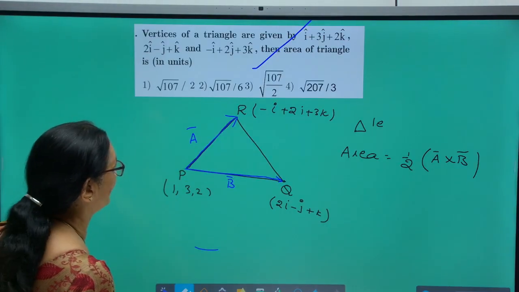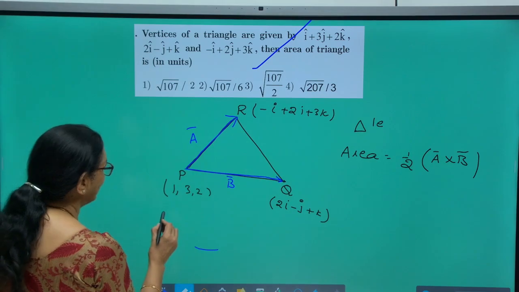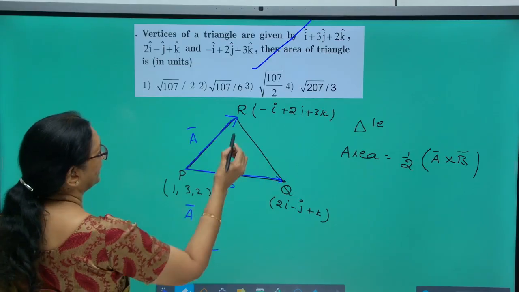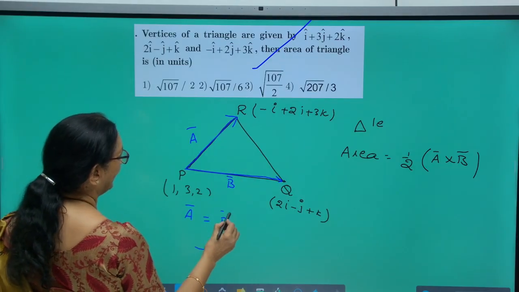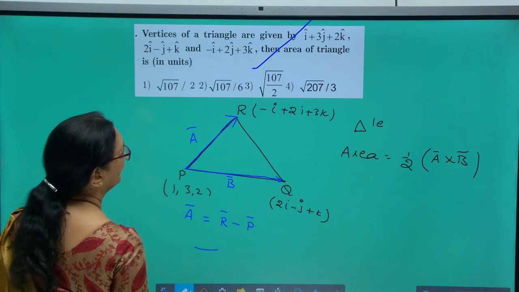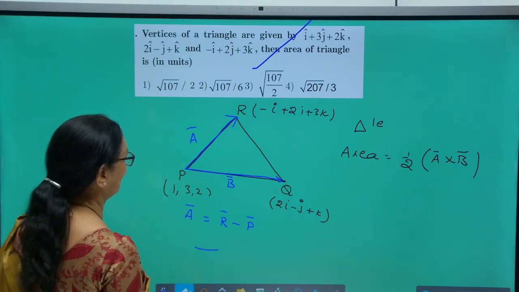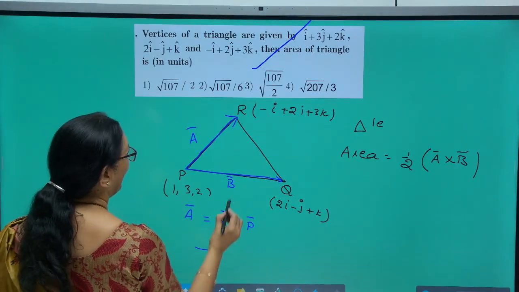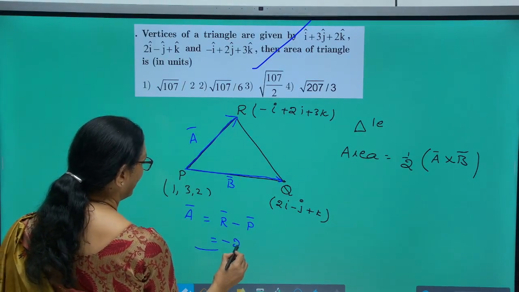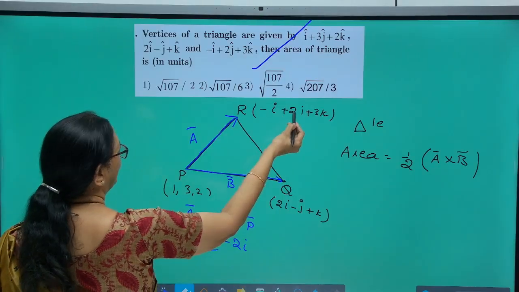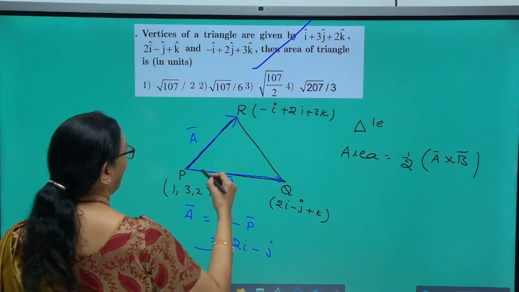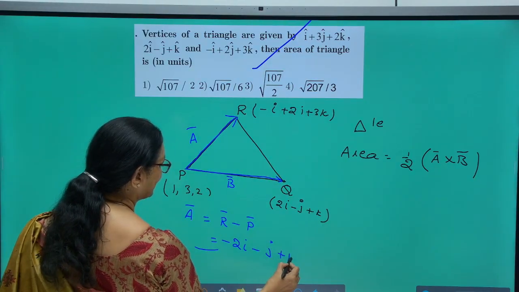So, A bar is equal to R bar minus P bar, that is equal to minus 1 minus 1, minus 2i, 2 minus 3, minus j, 3 minus 2, plus k.